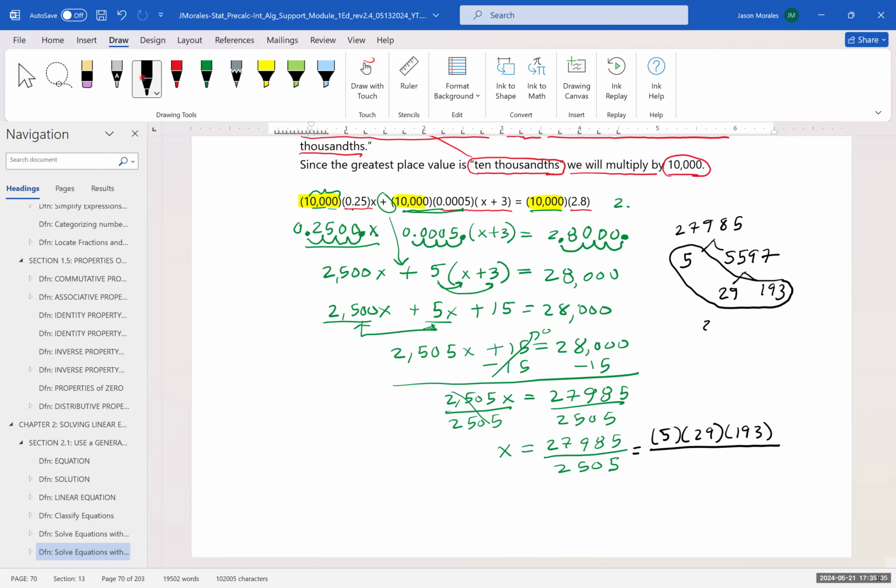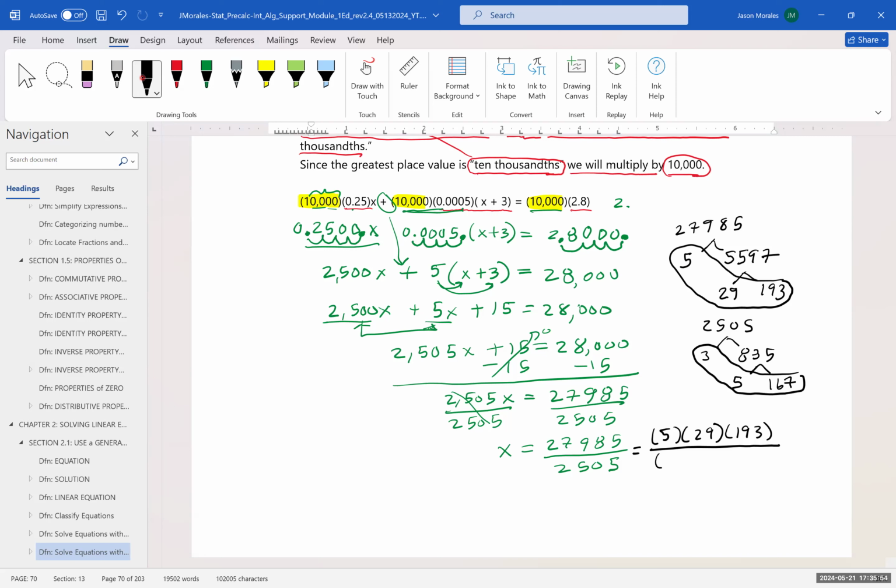And then we've got 2,505. And 3 does divide that. And you get 835. And 5 divides that. And you get 167. And 167 is prime, so we have to stop.